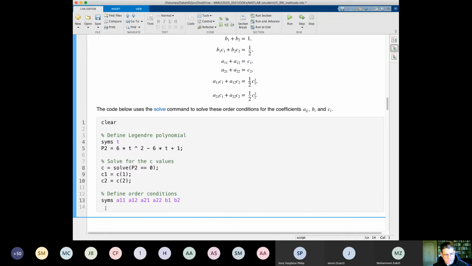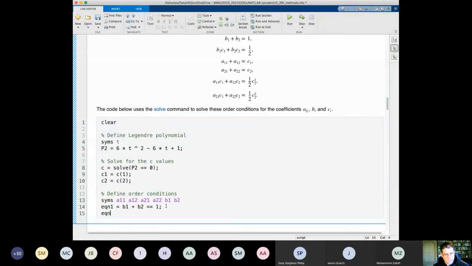So what we do now is we list our equations. I'm going to call mine equation 1, equation 2, etc. It's quite simple. So I've called it equation 1 equals, and then I've got the left hand side with a double equals, and then the right hand side. Okay, so that's defined this equation, and called it equation 1. Equation 2 is similar, but we've got C1 and C2 values in there, and that's equal to a half.